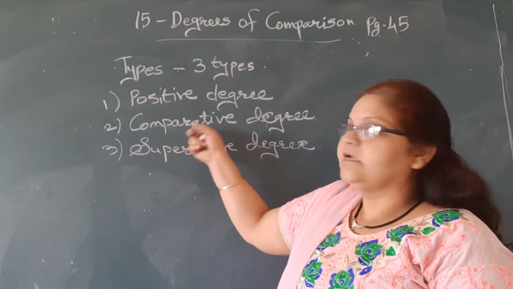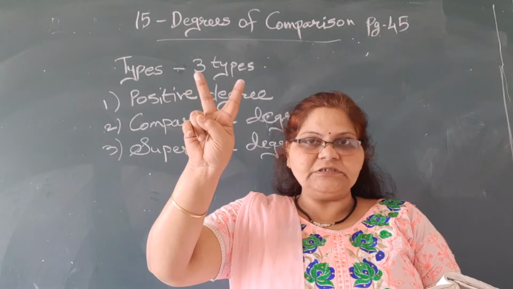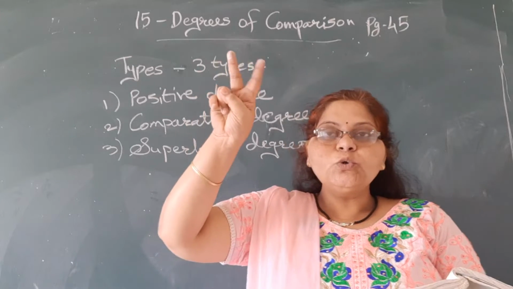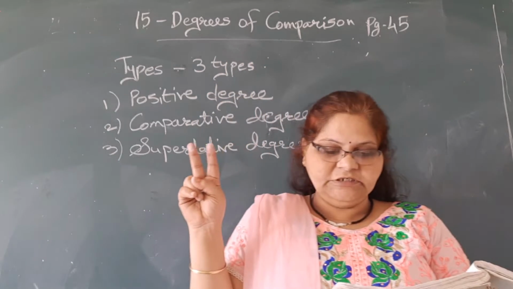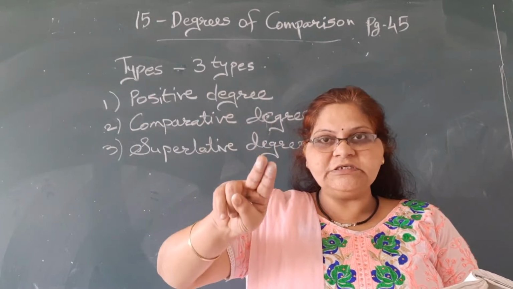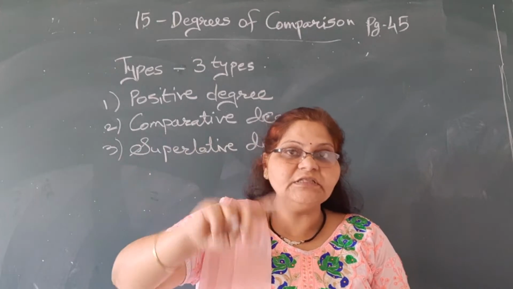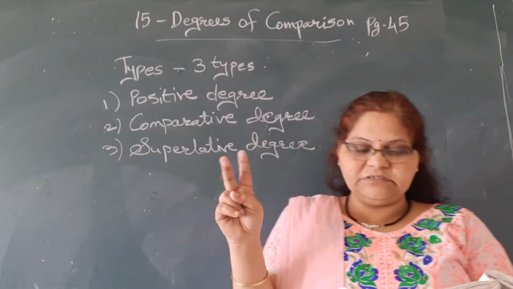So next we are going to see your comparative degree. See here, comparative degree is there. When we compare two persons or two things with each other, remember this point, with each other, between them the comparison is there.